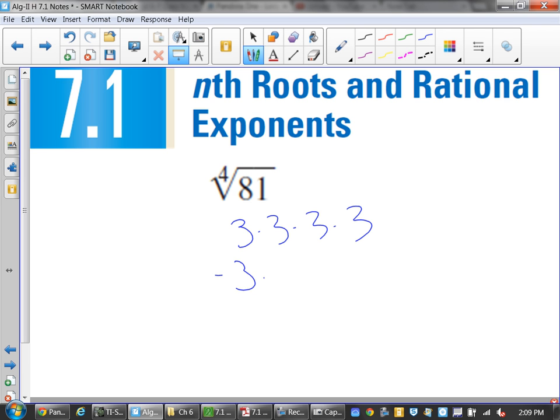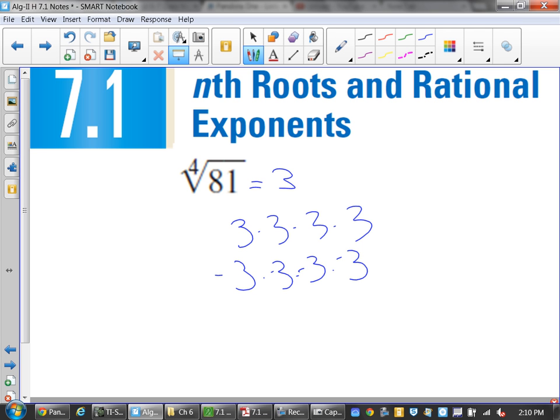Now, when we get into this chapter a little bit more, there's going to be a time and a place for the plus minus. Usually you give the plus minus solution when you take the square root, or an nth root, over an equal sign. When you're trying to just solve something, we're usually looking for just the positive value, or in some cases the negative value.